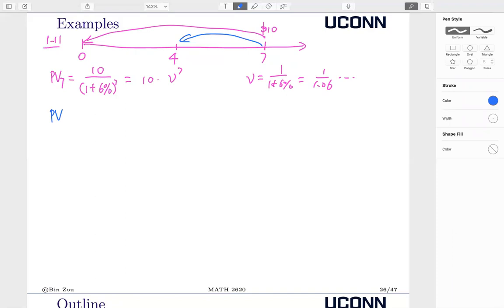Here comes a little bit of fast notation. Here the time span is 3 years, so the subscript is 3 instead of 4, because sometimes we use the subscript for the corresponding duration. Here the time is 4, but the duration or interval between those two time points is 3. That's why here it's PV3.